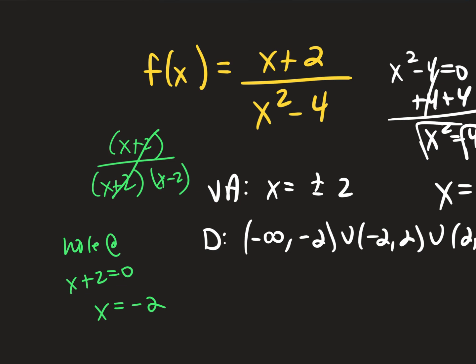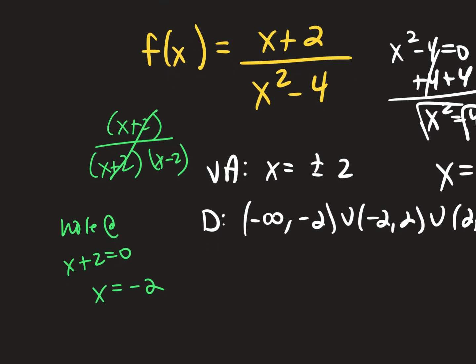Now, how does that affect your answer? If you're going to answer your vertical asymptotes, you only have one vertical asymptote. Your vertical asymptote is at x equals what? 2. You don't have a vertical asymptote at negative 2. Just at positive 2. What's occurring at negative 2? There's a hole. On WebAssign, you'll find on some of them that you have 2 asymptotes, but then when it asks where is the hole, you'll realize there's a hole there.